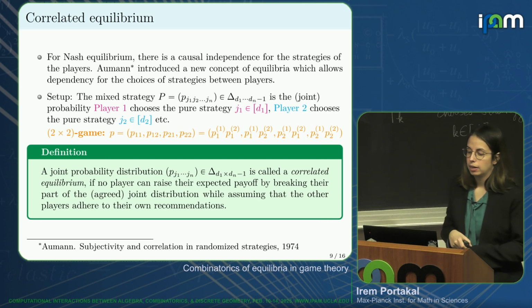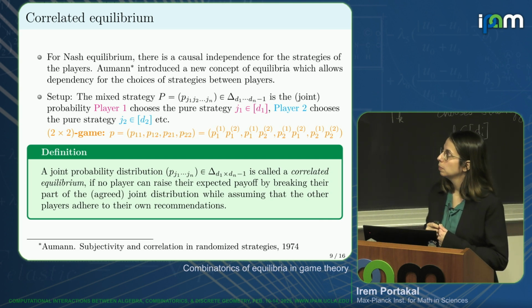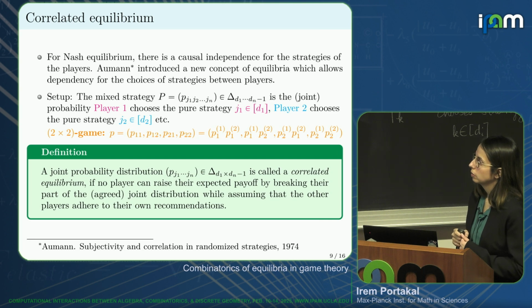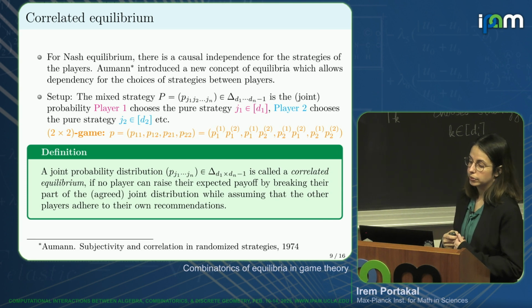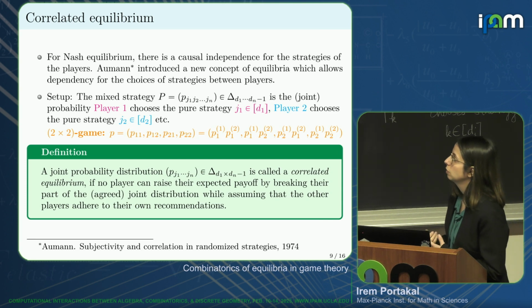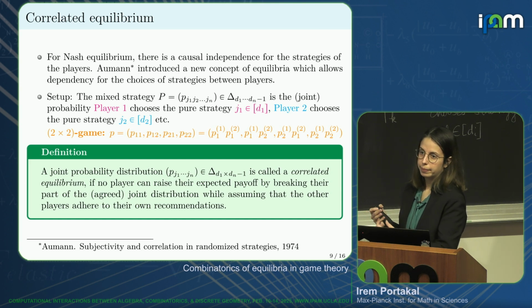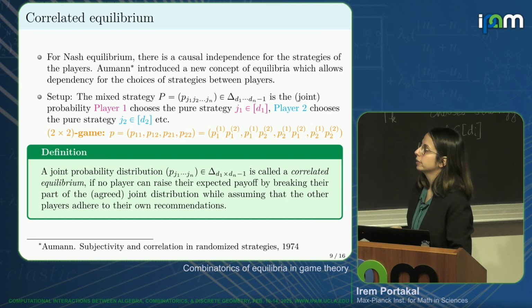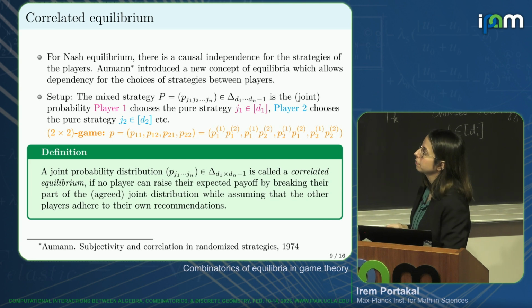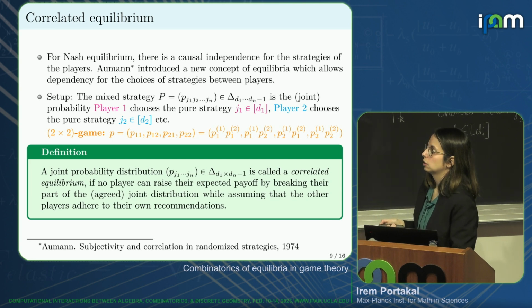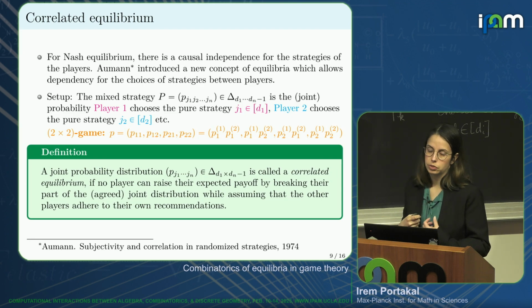We take a point in this probability simplex, and it's going to be called a correlated equilibrium, in the same spirit as Nash equilibrium, if no player can increase their expected payoff by breaking their part of the agreed joint distribution. This could be something like a third party coming to the game and giving some suggestions to the players. That's the correlation. And then we're still assuming that the other players are following fixed strategies.